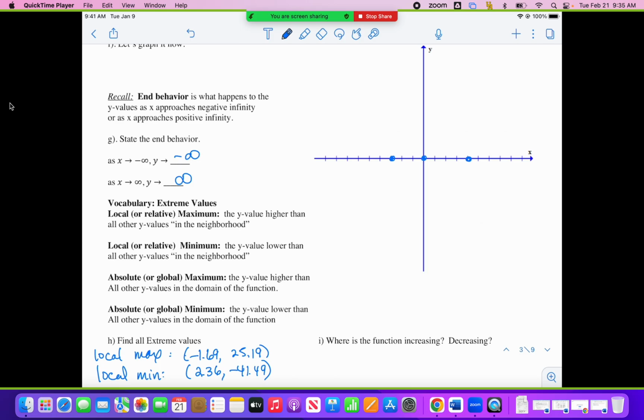So now you're going to have to eyeball it, but then guess what? Do you notice I didn't put any tick marks on my y-axis? So guess what I'm going to do? I'm going to go 10, 20, 30, negative 10, negative 20, negative 30, negative 40, negative 50.